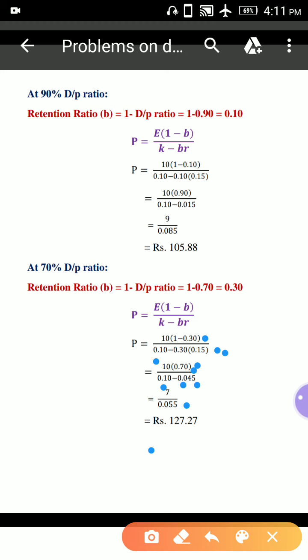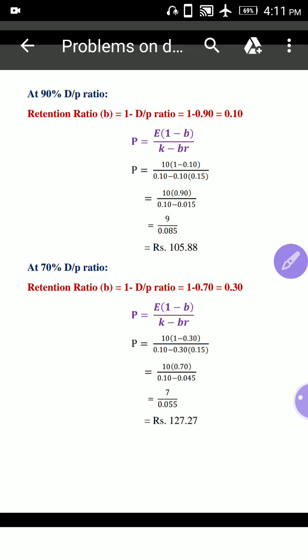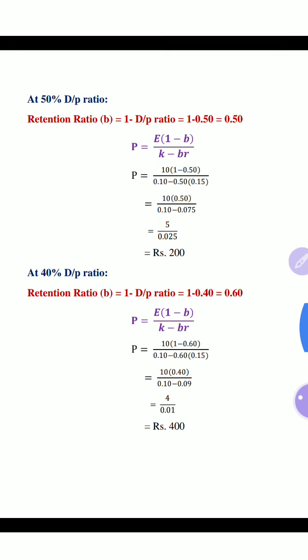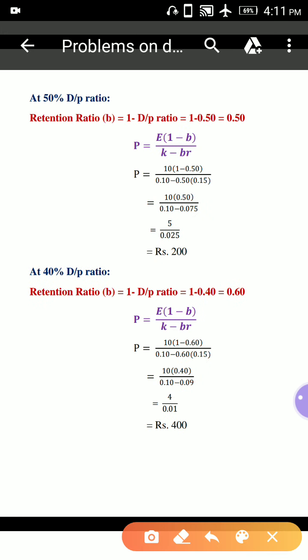That equals 7 divided by 0.055, which is 127.27. Here the market price of the share at 70% dividend payout ratio is 127.27.